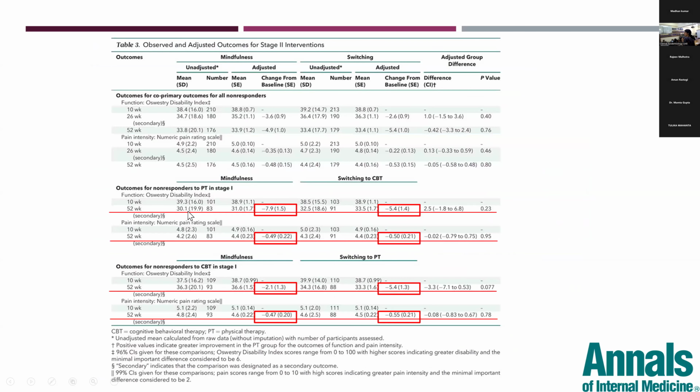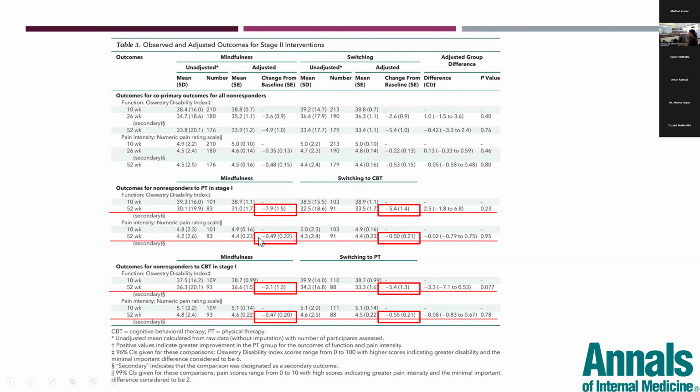Now for stage 2 at 52 weeks, we are looking at non-responders to PT in stage 1 and non-responders to CBT in stage 1. So at 52 weeks, with the mindfulness therapy, they had a 7.9 decrease in ODI. They had a 5.4 decrease in the CBT arm.